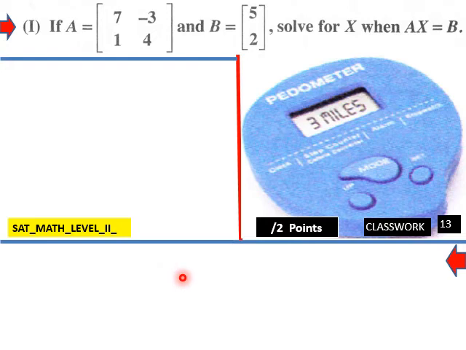When you do that on your calculator, this is what you'll come out with: 26 over 31, and then 9 over 31. So when you multiply this times this, you'll get that. The inverse of A times B will equal this.